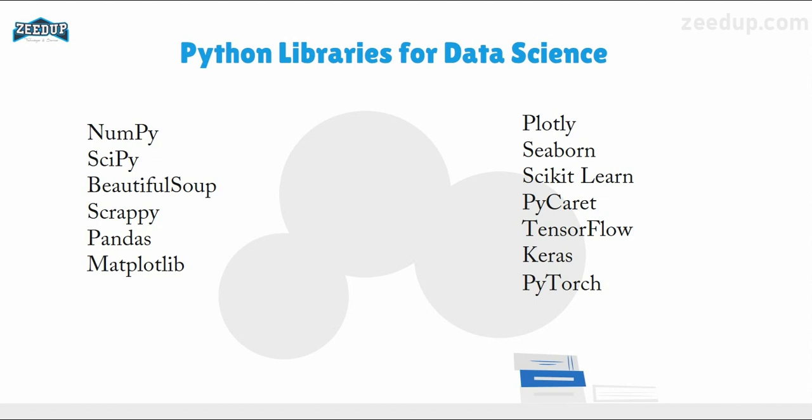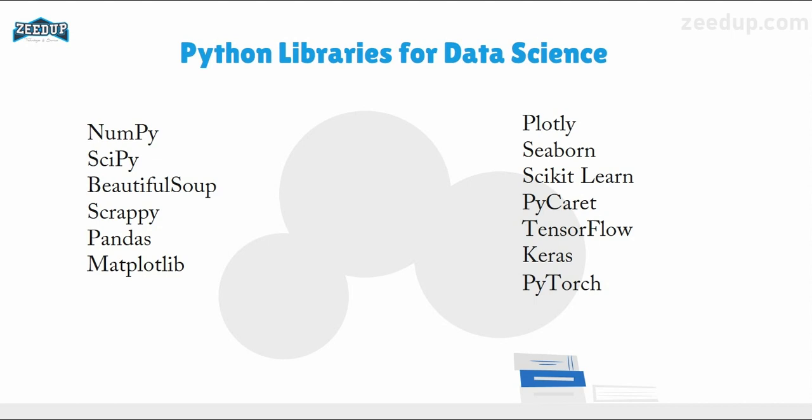Matplotlib is one of the most popular libraries of Python that is used for data visualization, to plot different types of charts and graphs, etc. Plotly is again a free and open source data visualization library for Python. Seaborn is another free and open source data visualization library. It is based on Matplotlib.